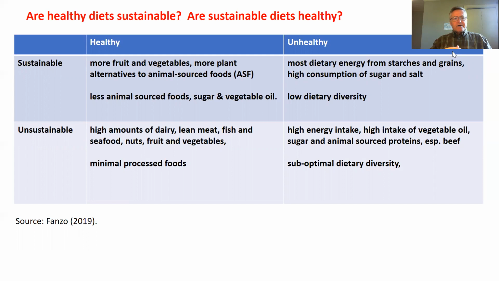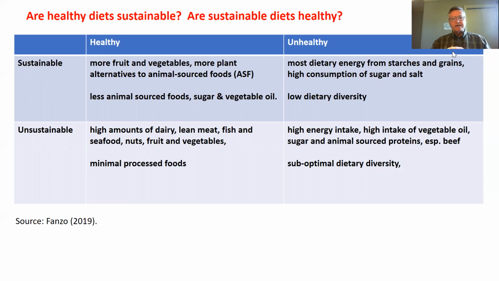Let's think about what's the alternative in terms of healthy and sustainable. It would be diets with more fruit and vegetables, so more diverse consumption, but also more plant alternatives to the animal source food. Recognizing that there are important protein and other micronutrient content of animal source foods that we benefit from, we look for foods which are substitutes for those.